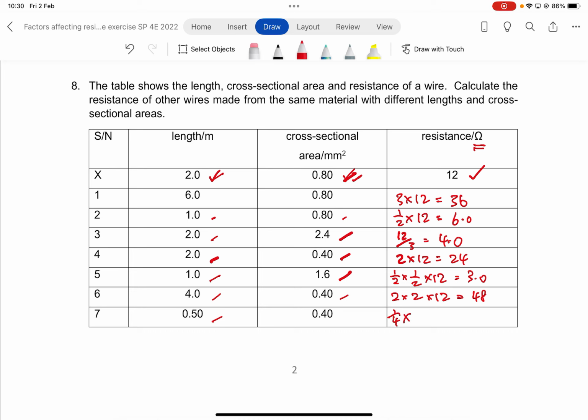Area is halved, so 1 over half is 2. So a quarter times 2 times 12 is 12 divided by 2, 6 ohms. Any question?